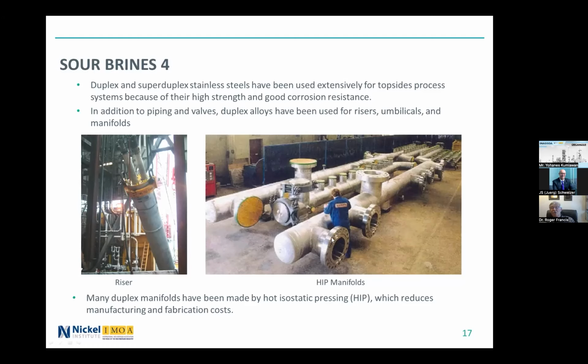Then the only machining involved is the machining of these flange face connections to the piping, and the only weld is a single girth weld to the next section. That saved all the welding that would be involved in joining tees together, welding on an end cap and welding in a pup piece between the flanges and the pipe. So that's saved an awful lot of money with hot isostatic pressing, and there are many HIP manifolds in service around the world.